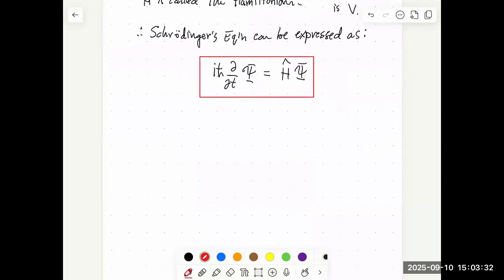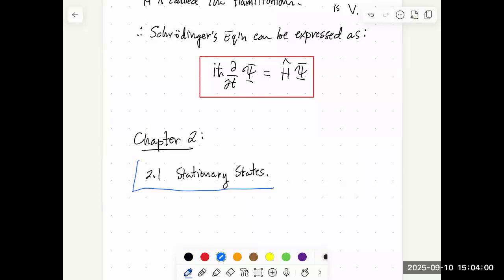Okay, so let's start chapter 2. So we're gonna jump into chapter 2. And the first topic are the so-called stationary states. So what we're going to try to do is come up with a simpler version of the Schrodinger equation.